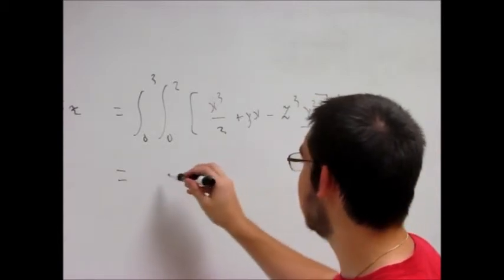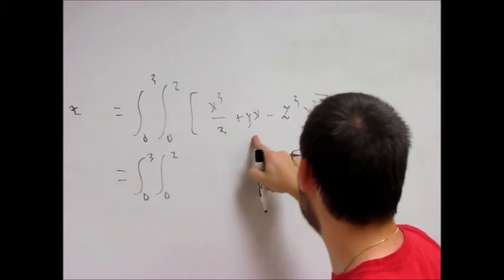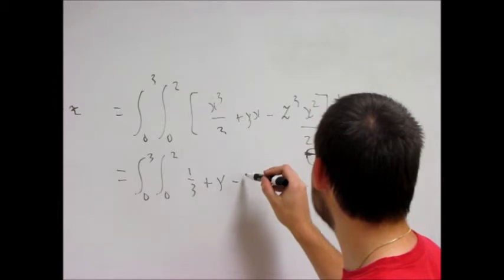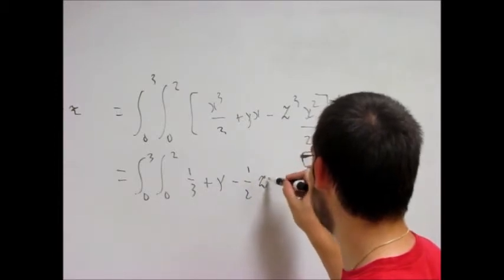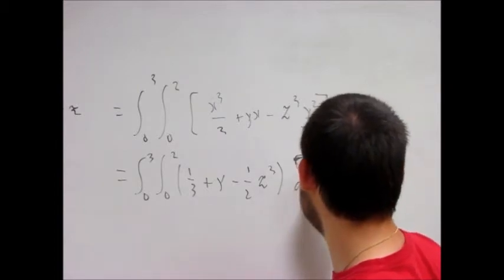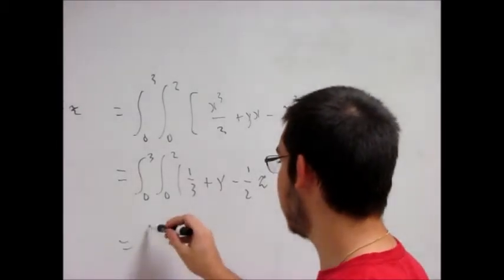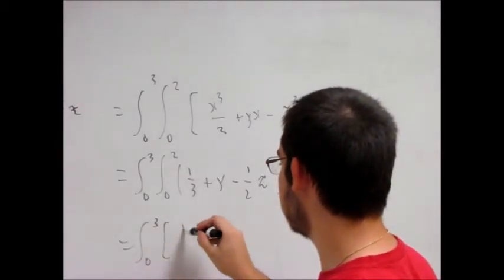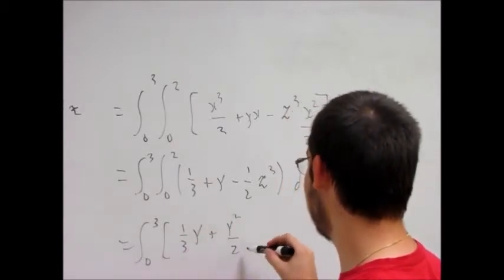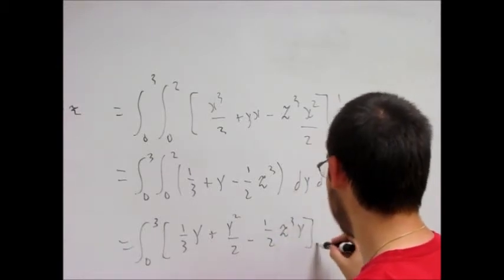So that would just be 1/3 plus y minus 1/2 z cubed dy dz. Now we do the same thing with dy. 2 minus 1/2 z cubed y, from 0 to 2.